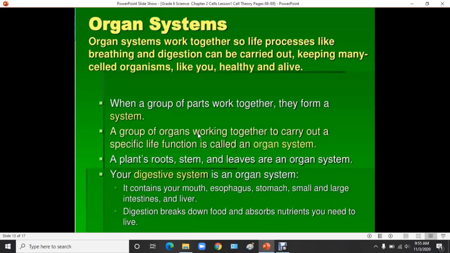A group of organs working together to carry out a specific function is called an organ system. A plant's roots, stem, and leaves form an organ system, whereas our digestive system is an organ system, which contains our mouth, esophagus, stomach, small and large intestine, and liver. Digestion breaks down the food and absorbs nutrients we need to live.